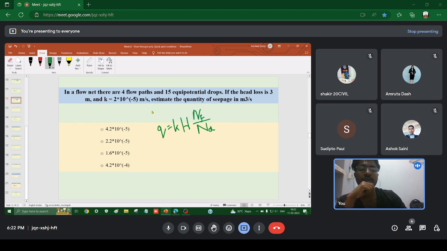So you put everything in this formula. What do you get? 4 by 15. It is 3.2 into 10 to the power minus 5.